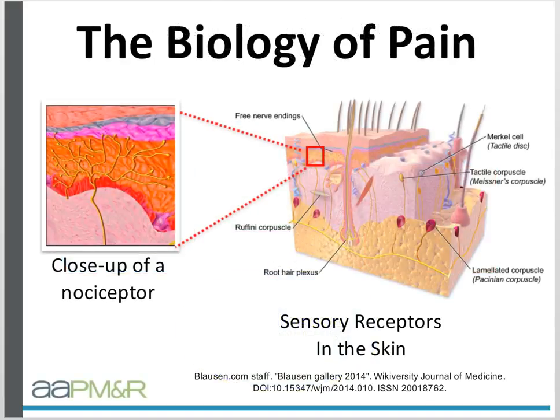To understand the biopsychosocial model, we need to begin with biology. We generally think of pain as a single sensory experience, but actually that's not true. Pain is a complex sensory experience which is informed by a variety of sensory organs and neural systems.